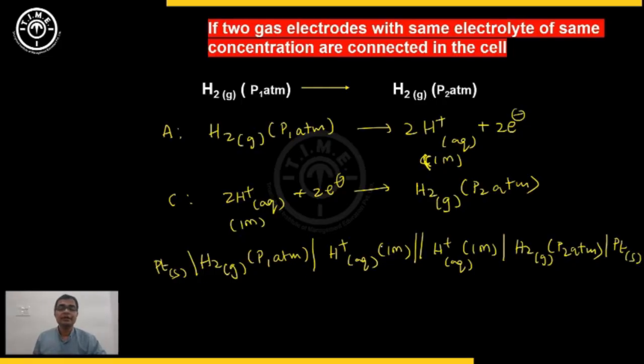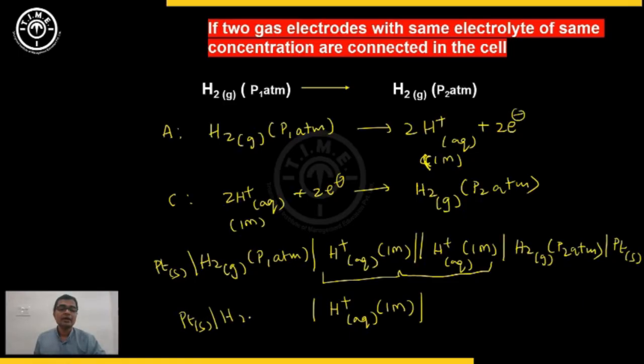But in this case, you observe clearly, both have the same electrolyte with the same concentration. So this cell can be notated in this way also. Left-hand side: Pt solid, hydrogen gas, pressure P1 atmosphere.